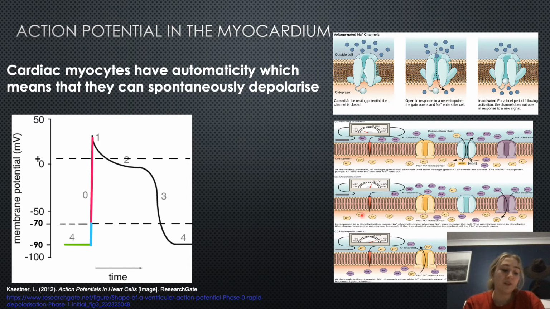But before the voltage dips down to a negative charge, voltage-gated calcium channels are open. With the calcium entering while the potassium is leaving, a plateau in the voltage is created. So it's created a plateau here. Finally, the calcium channels are closed and the remaining channels bring the voltage back down to -90 here before the whole process repeats.